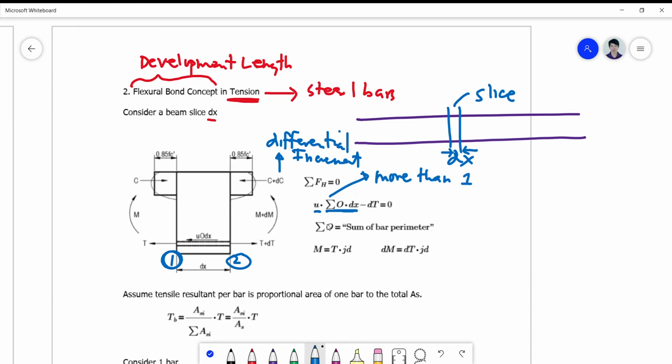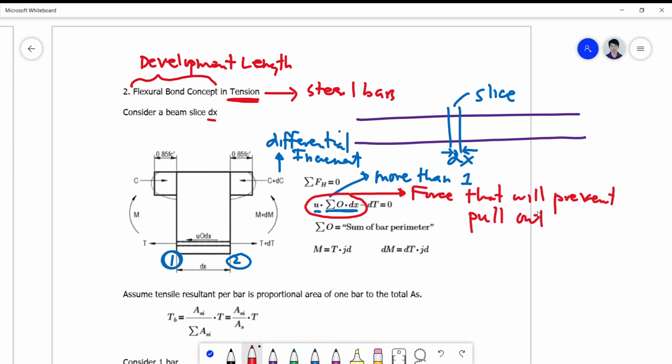This is now the force that will prevent the pull out, while the force that will pull the bar outside is simply T plus dT minus T, because that's going to the left.